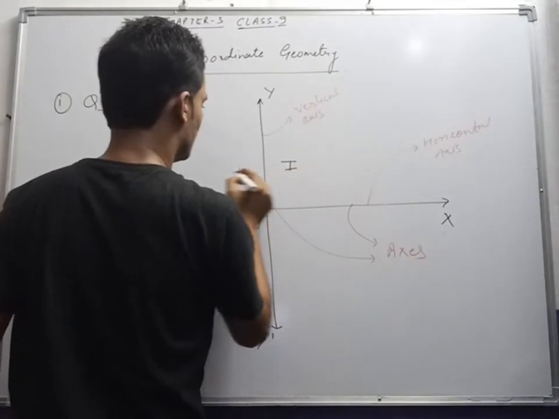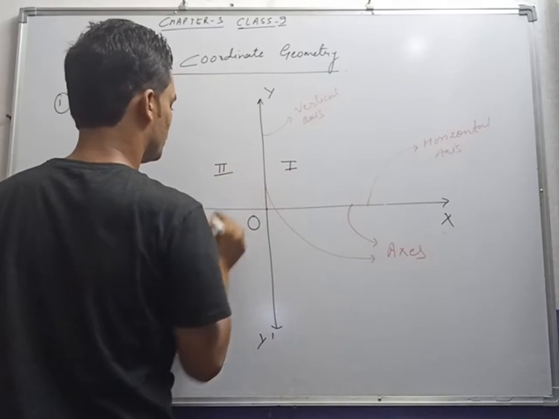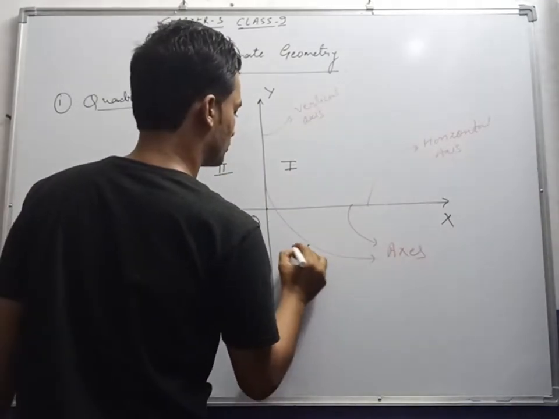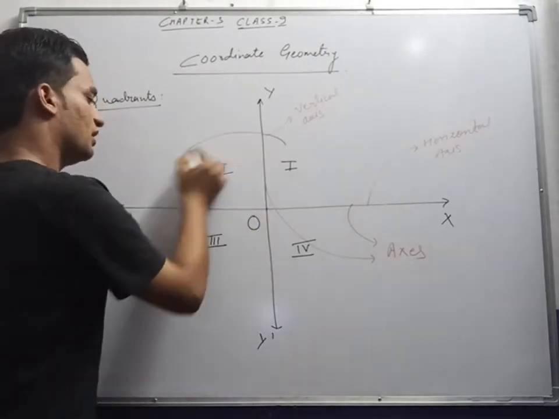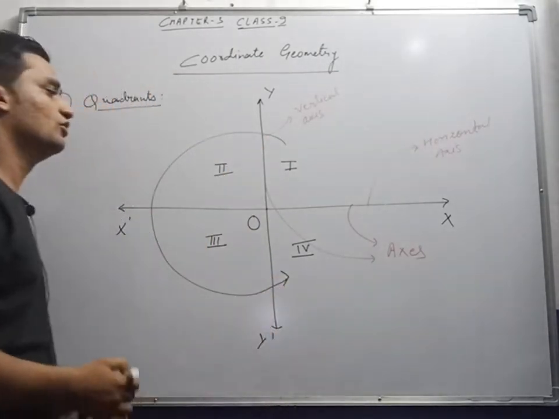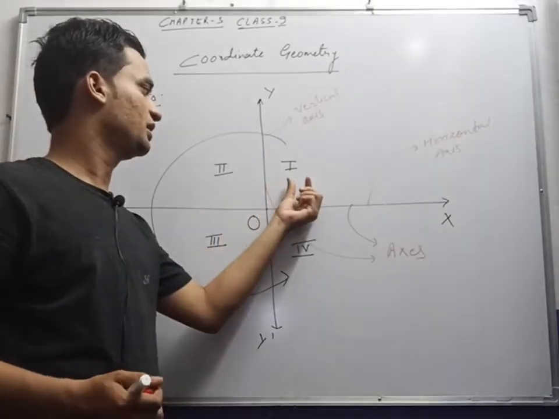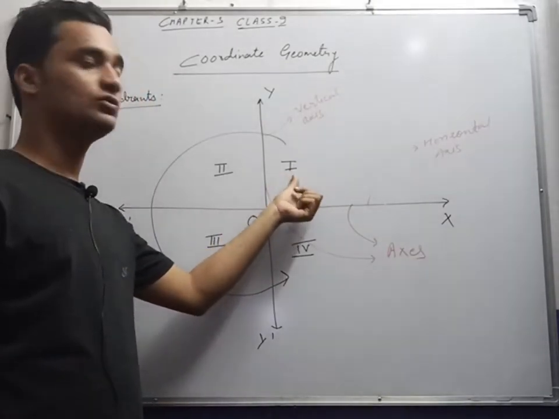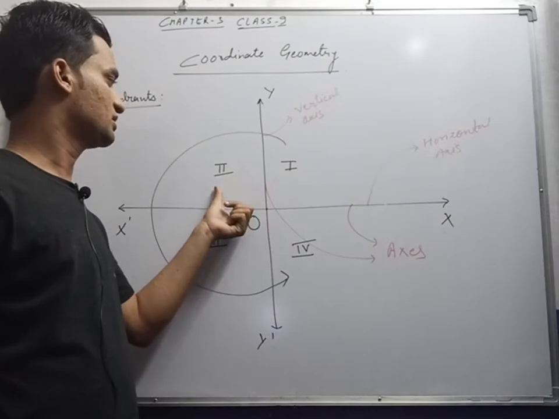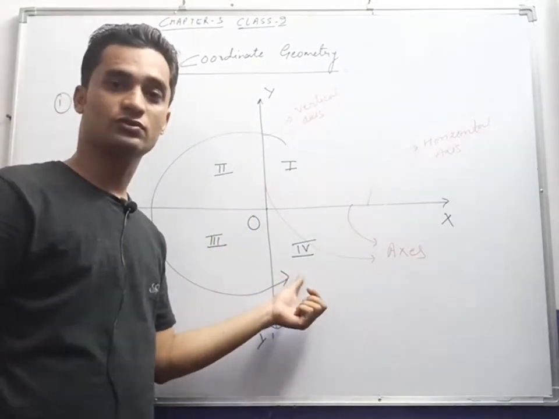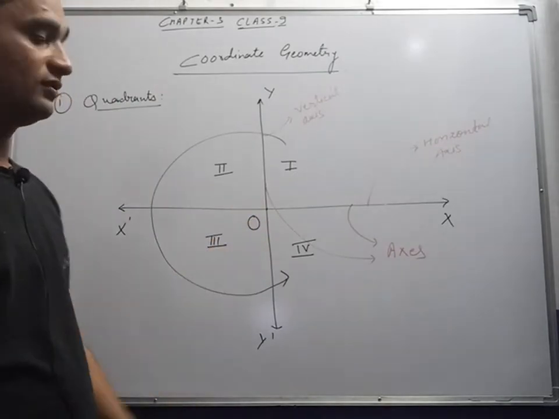This is your first quadrant, this is your second quadrant, this is your third quadrant, and this is your fourth quadrant. We move anti-clockwise, starting from the very right side. So first, second, third, and fourth.